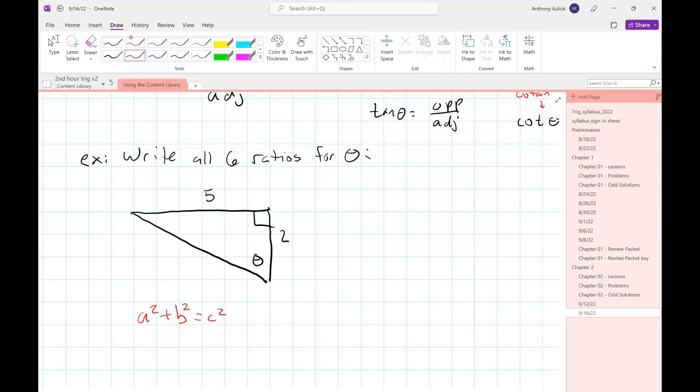What's the thing we have to be careful about when using the Pythagorean theorem? The hypotenuse must be C. Does it matter whether 2 goes with A or with B? It does not. The legs do not matter.